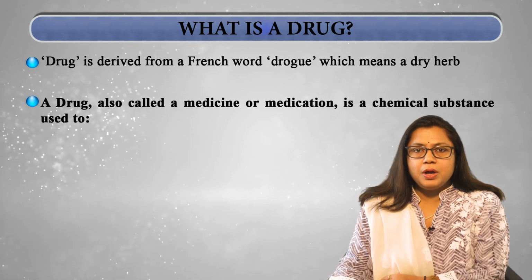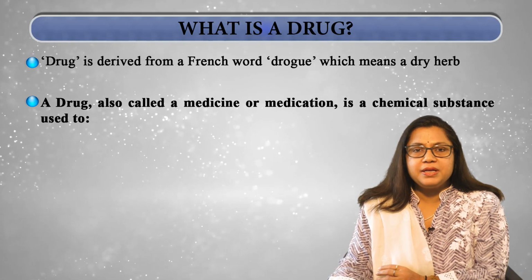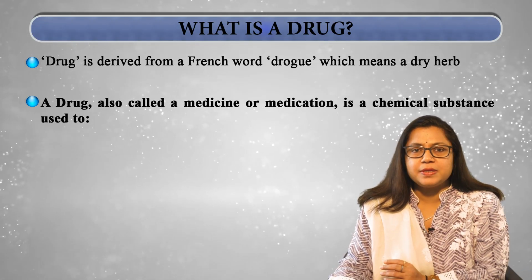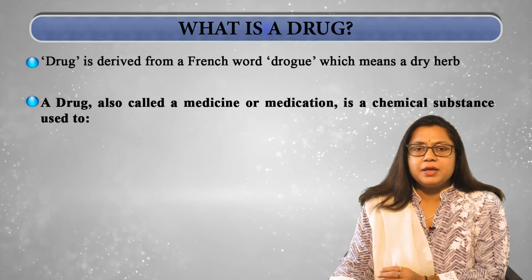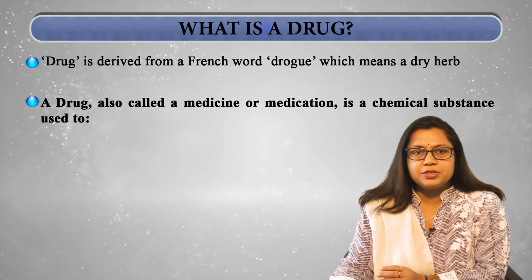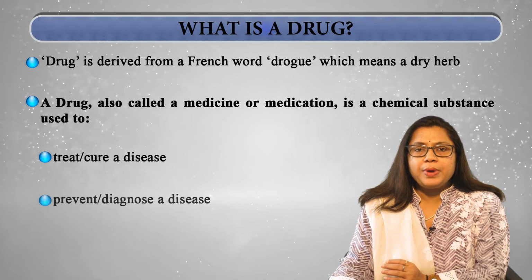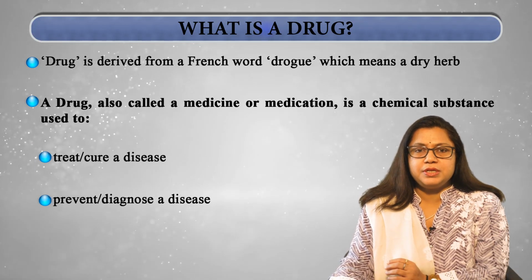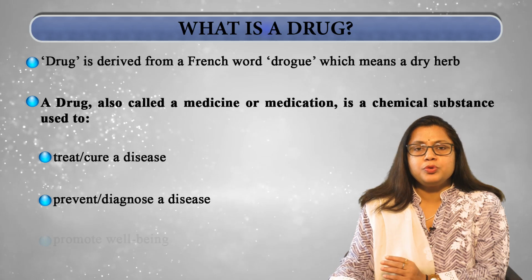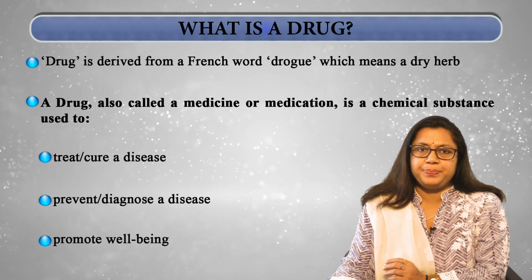A drug, also called a medicine or a medication, is a chemical substance, and the main purpose of a drug is to treat or cure a disease, prevent or diagnose a disease, and also to promote the well-being of a person.